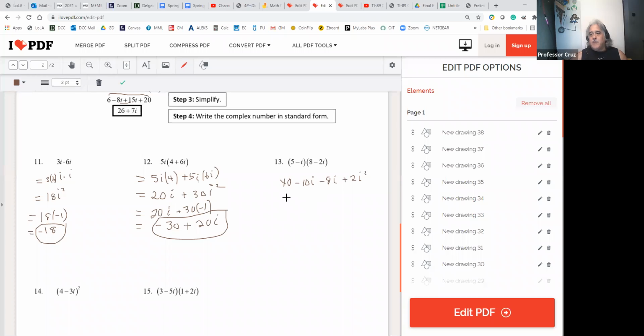So the i squared, that's going to be 40 minus 2, which turns it back into a real number, so it's 38.